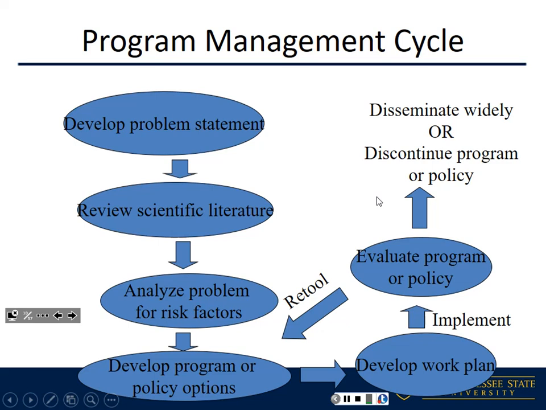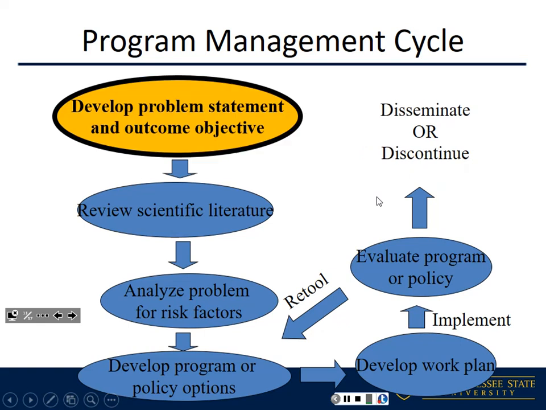We then review the scientific literature in order to achieve two things. First, identifying state-of-the-art interventions to address our priority health problem, and second, identifying the risk factors that impact our priority health problem, including determinants and contributing factors.